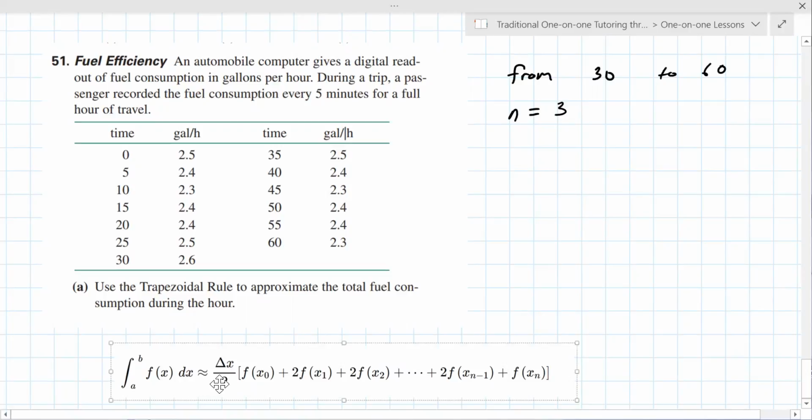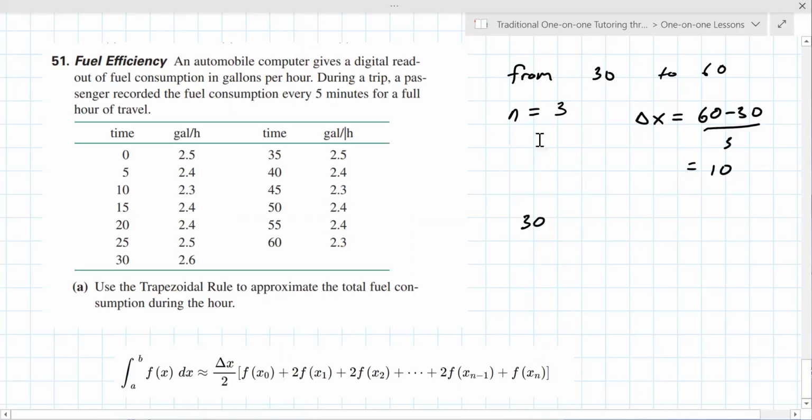And there's a reason, but if we don't care about why, you take the left endpoint and use it once, the right endpoint and use it once, but every other thing in between you use twice. So in your problem, your delta x is going to be 60 minus 30 over 3, which is 10.